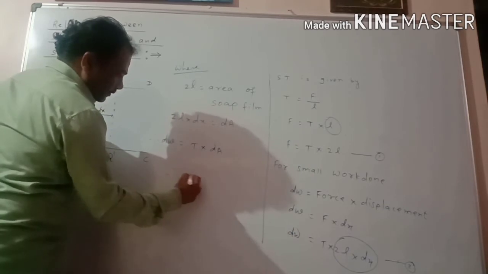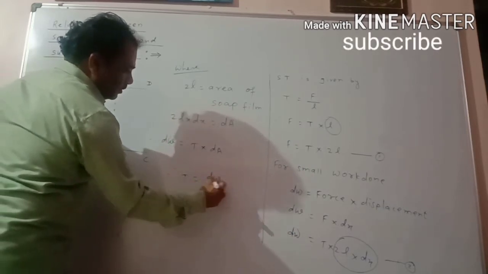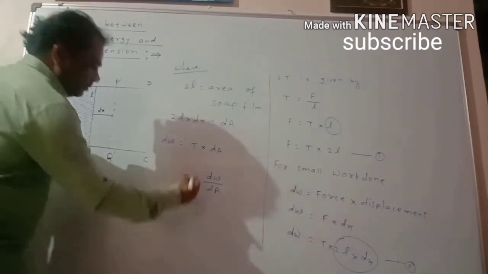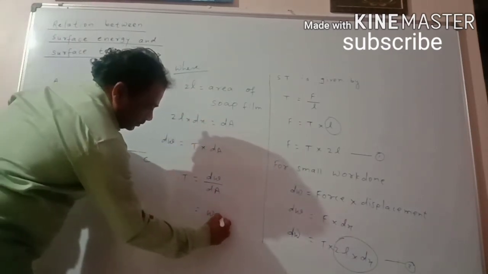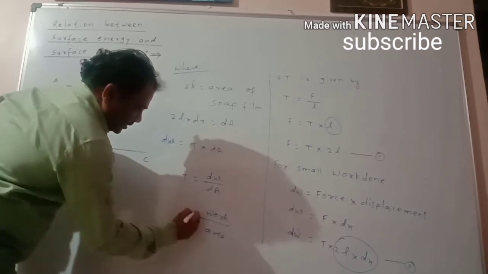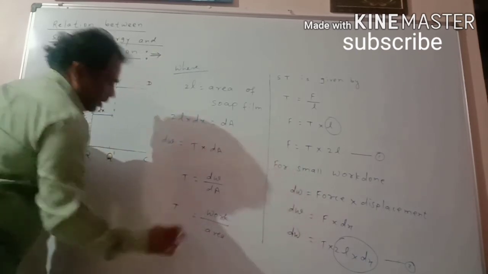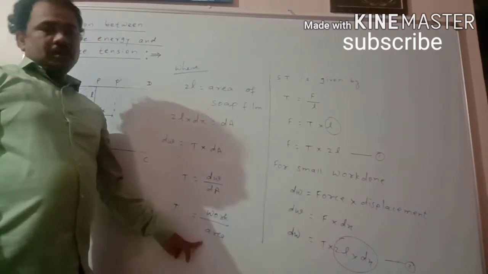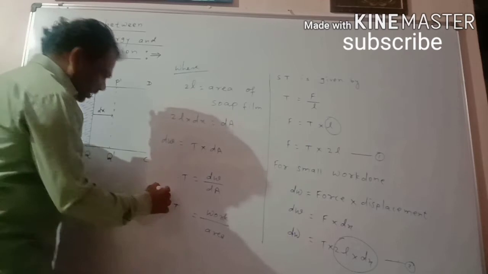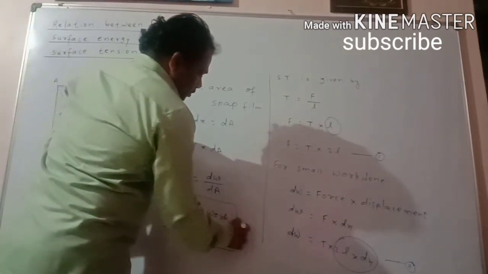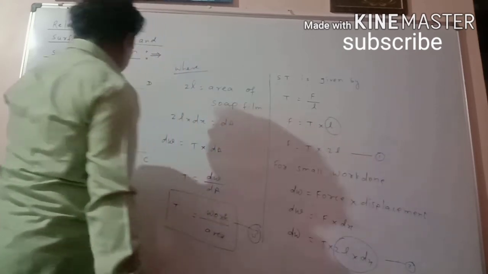Therefore surface tension will be dW upon dA. dW stands for work, and dA stands for area. So surface tension T is equal to work upon area. This is equation number 3.